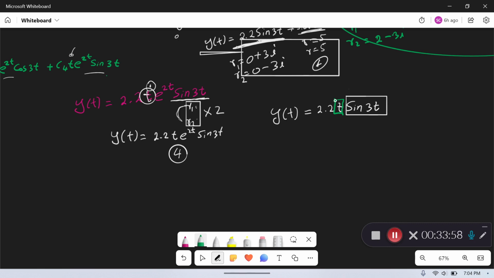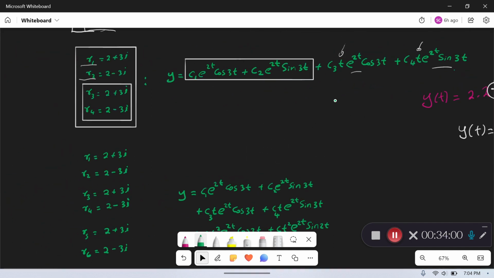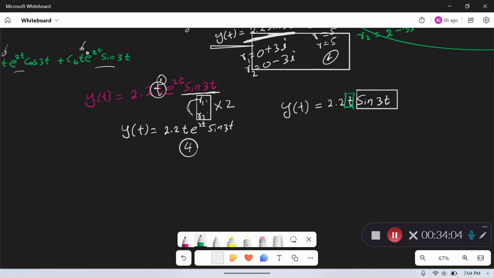I mean, repeated once. And what has happened to this t term? In the complex number, the real part is 0. So what you have is 0 plus 3i, 0 minus 3i, repeated again. That's 0 plus 3i, 0 minus 3i.